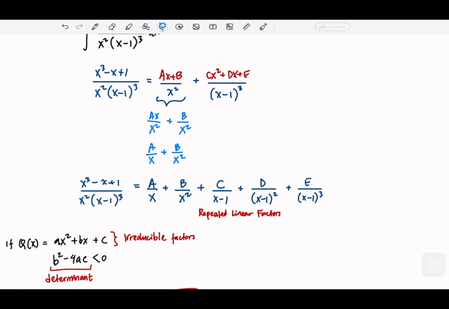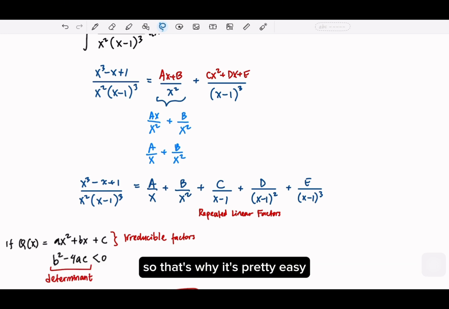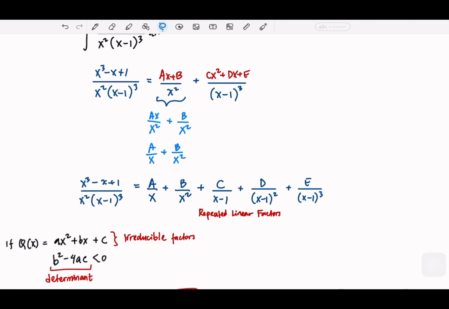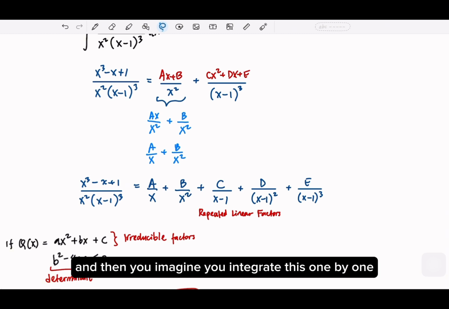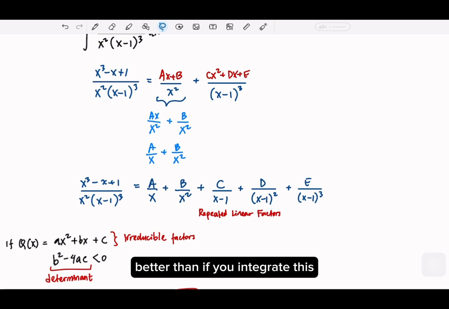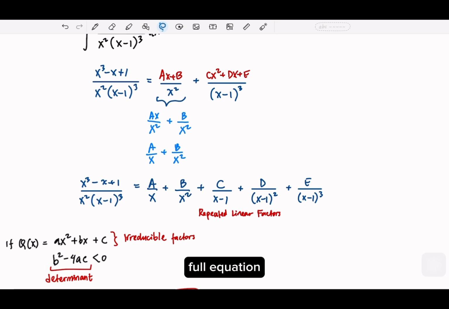That's why it's pretty easy if you are integrating. If you split this into 5 fractions and integrate them one by one, it's much easier than integrating the whole expression.